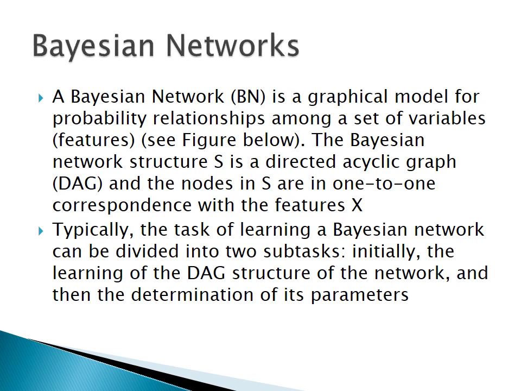Bayesian networks. A Bayesian network is a graphical model for probability relationships among a set of variables. The Bayesian network structure S is a directed acyclic graph, DAG, and the nodes in S are in one-to-one correspondence with the features X. Typically, the task of learning a Bayesian network can be divided into two subtasks: initially, the learning of the DAG structure of the network, and then the determination of its parameters.